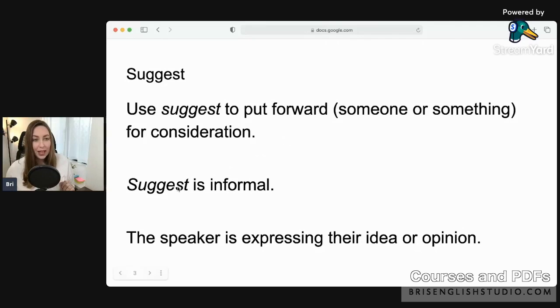Suggest is more informal. Out of these three, suggest is informal, right? The speaker is expressing their idea or opinion. So they're putting forward their idea or their opinion. Okay. Very good. Let's look at the last one.